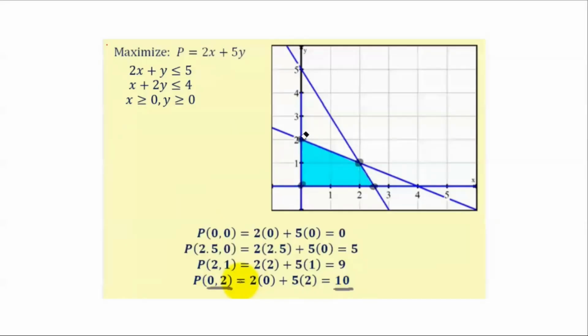At this point, why not 2, 2, 1? 2 times 2 is 4, plus 5 times 1, that's 9. But notice when we use this point here, 0, 2, X is 0 and Y is 2, we have 10. That seems to be the maximum value.